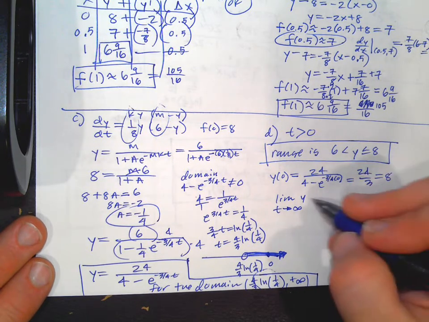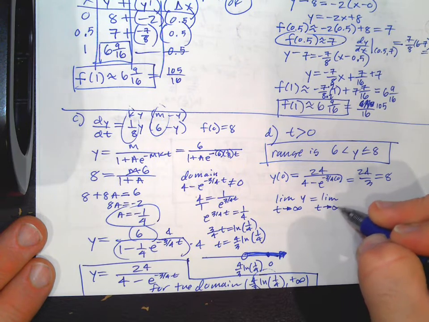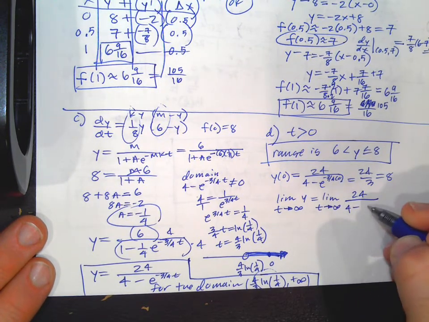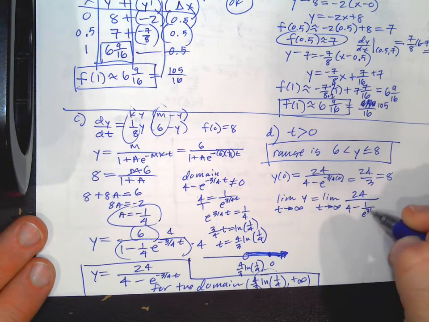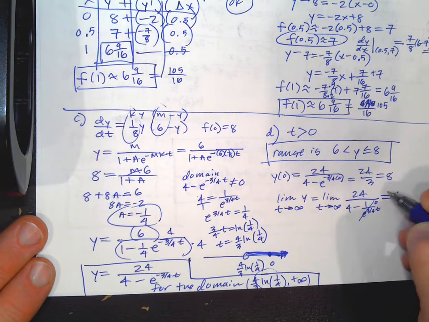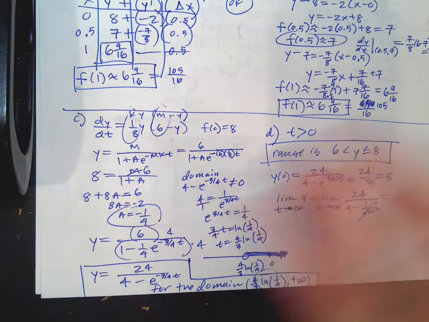We could totally do it this way, but I like the looking-at-the-picture approach. As t goes to infinity, this goes to 0, and y goes to 6. It never gets there. It gets closer and closer to it. So this might lead you towards the same conclusion. Definitely matches the graph. That's it.